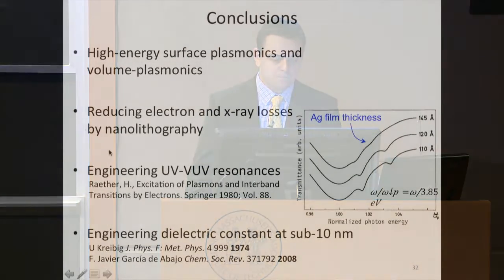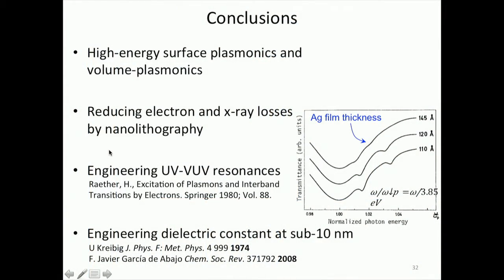Furthermore, I show that by controlling the volume plasmon resonance, we are controlling VUV resonance. So in this paper here on the right, a book from Raether, and in other papers, people have shown that under specific conditions, you could achieve volume plasmon excitation with VUV light.